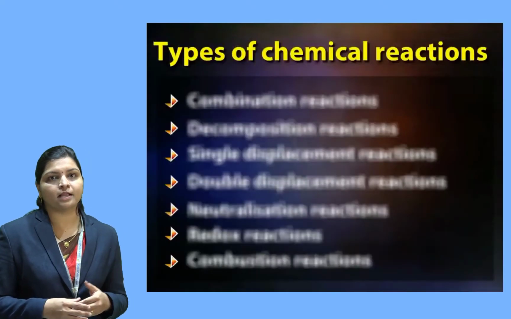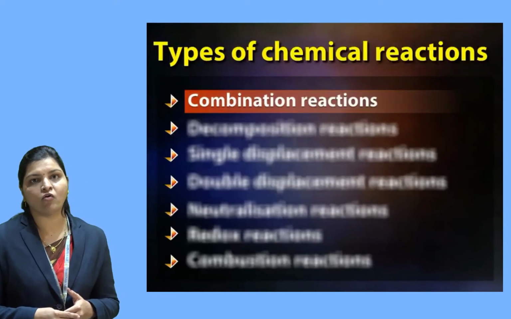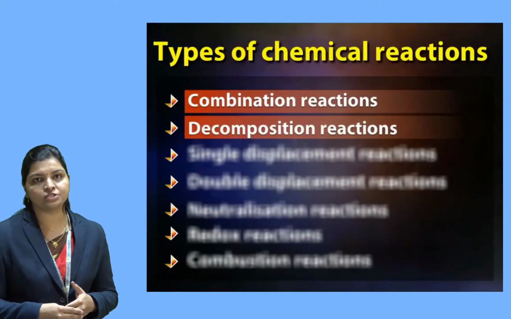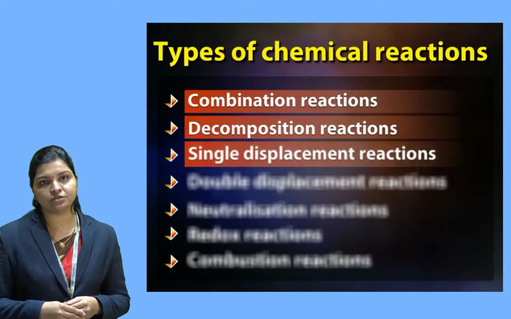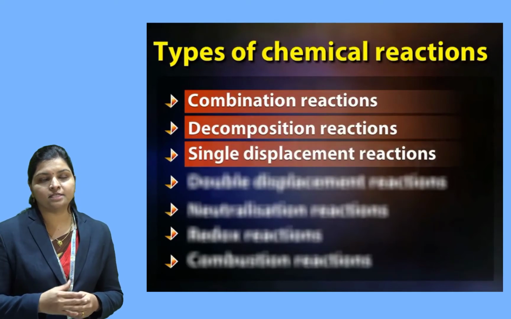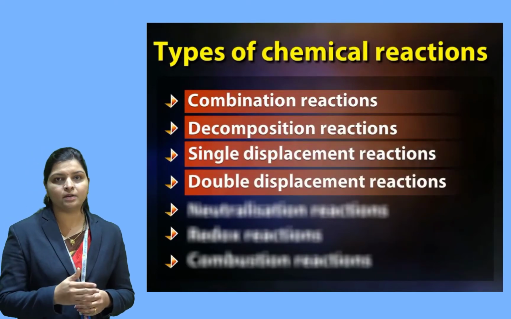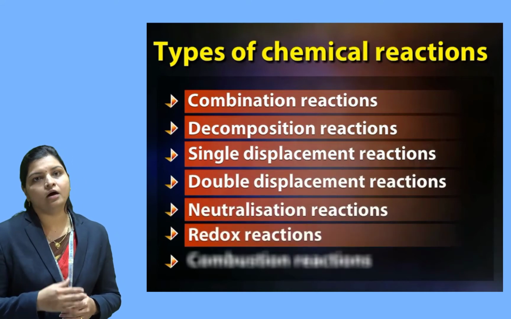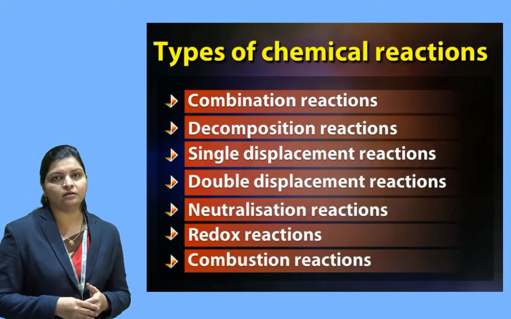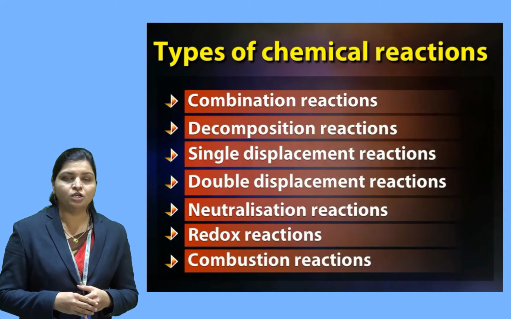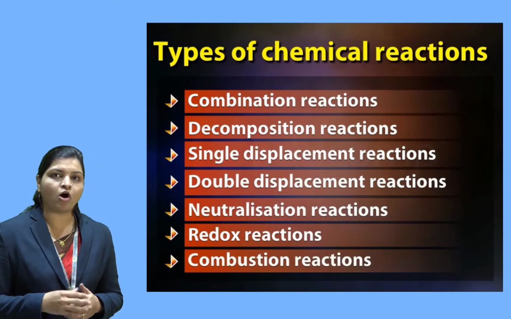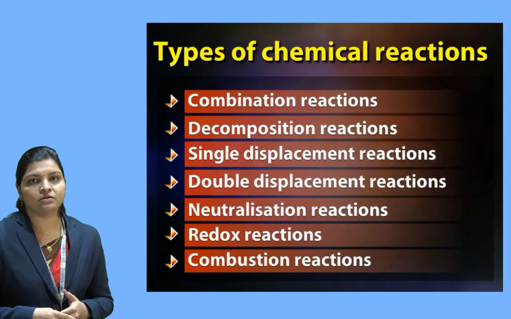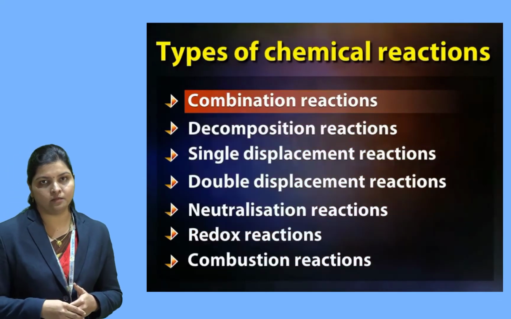Mainly the different types of chemical reactions are combination reaction, decomposition reaction, single displacement reaction, double displacement reaction, neutralization reaction, redox reaction and combustion reaction. So let us learn about all these types of chemical reactions in detail.